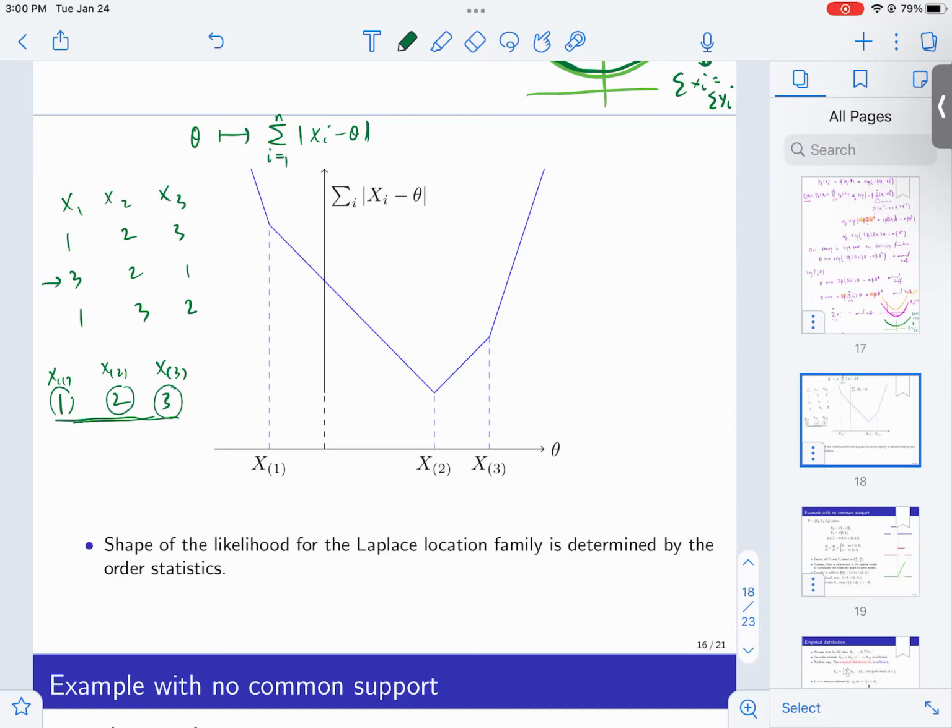I can't tell you which one of these happened in the actual case. So you lose the rank. Rank means, for example, which data point was the minimum. Here the rank would be 1, here the rank would be 3, and here the rank would be 1 again. So you lose the rank.